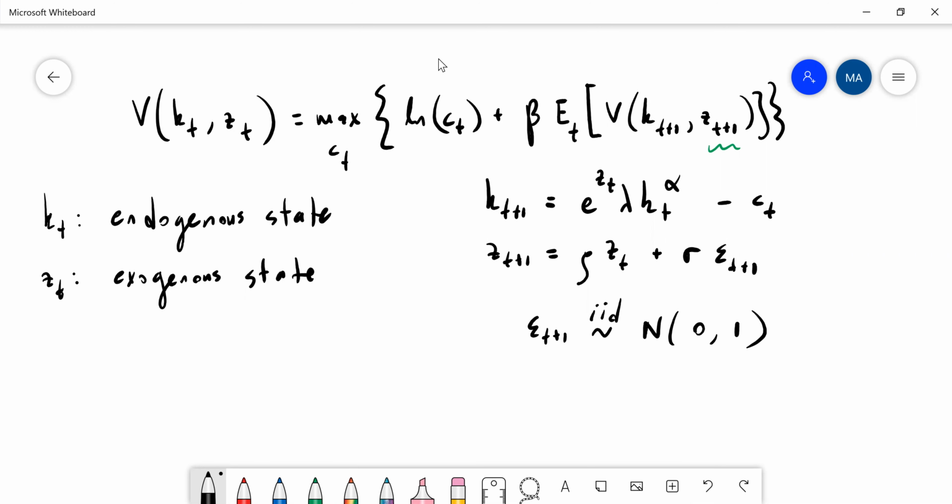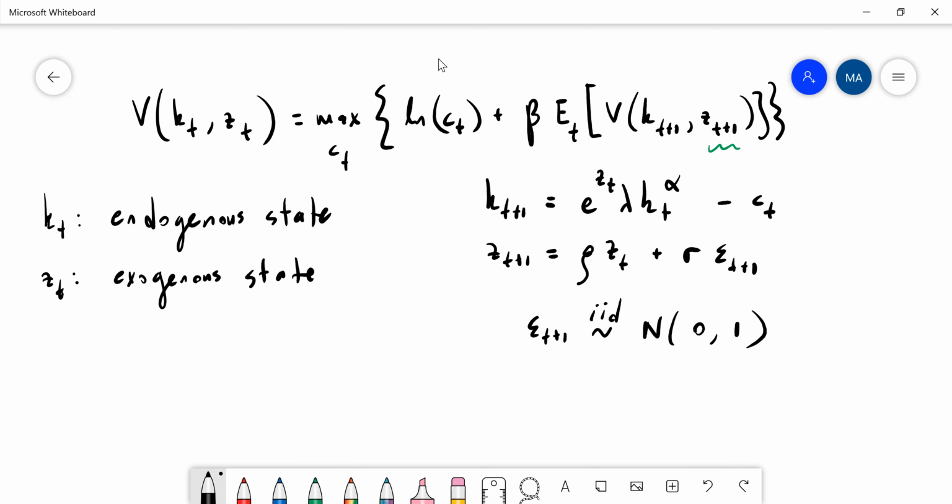One thing is the perturbation method. You're going to take the first order conditions, and then you're going to have a dynamical system that is now stochastic because of this again. Or you can try guess and verify. I will show you how you can do that.